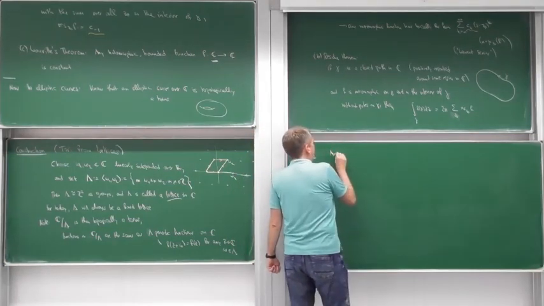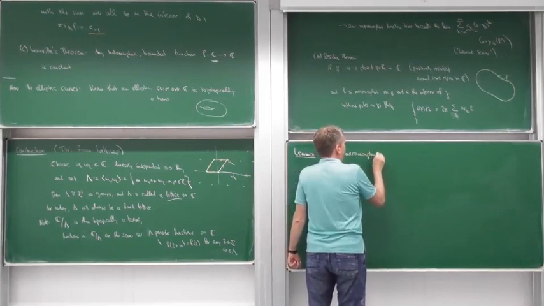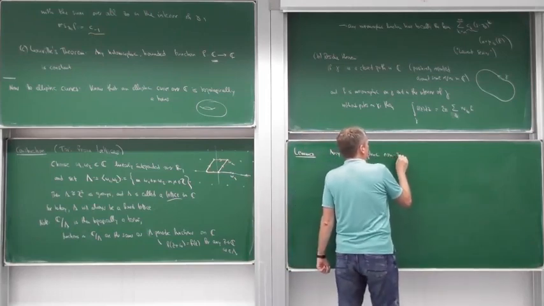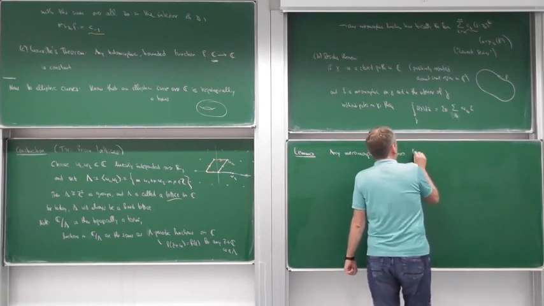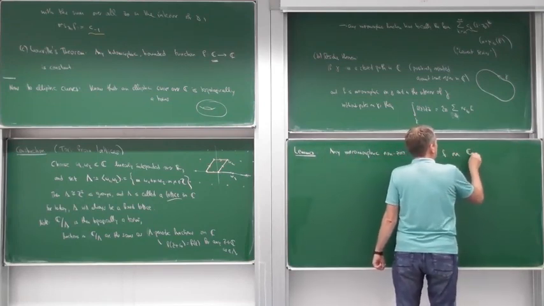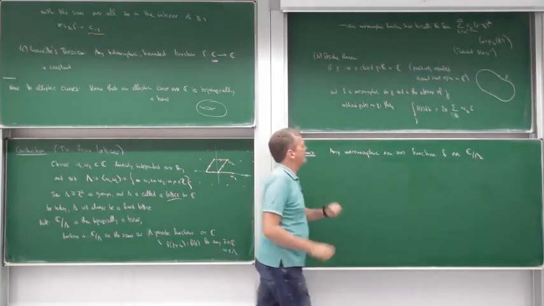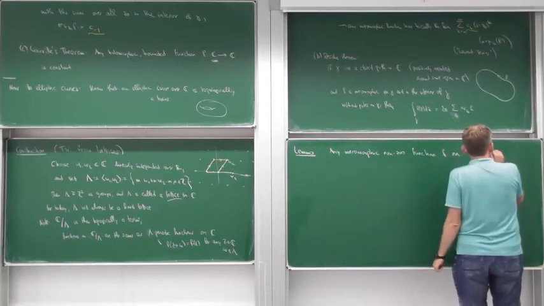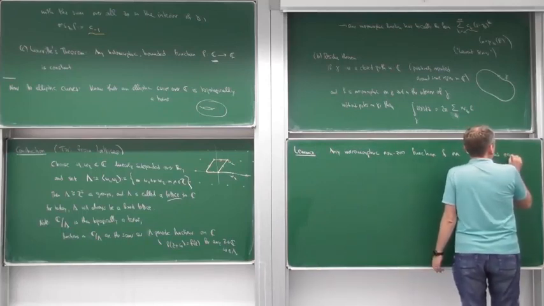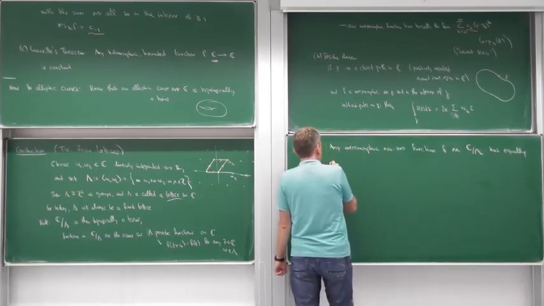Any meromorphic function f, say non-zero, I should say, so not identically zero, on C mod lambda, in the sense that it's a meromorphic function on C that is lambda periodic, has equally many zeros as poles counted with multiplicity.